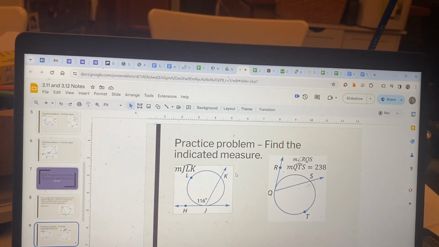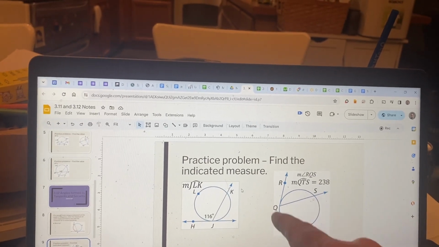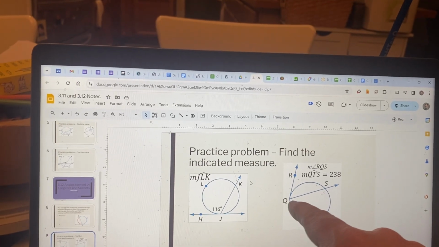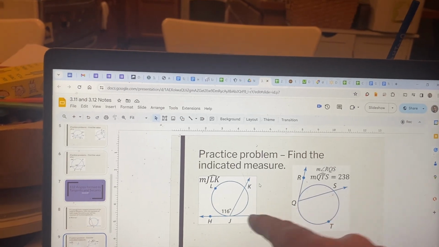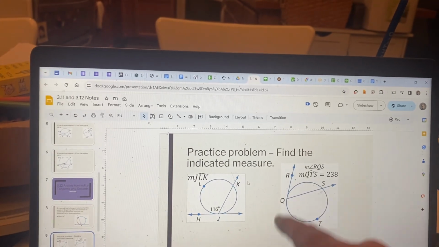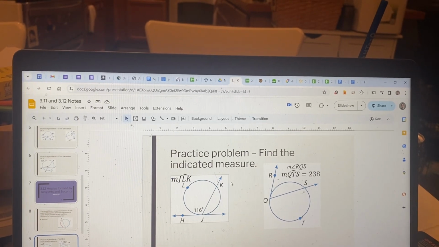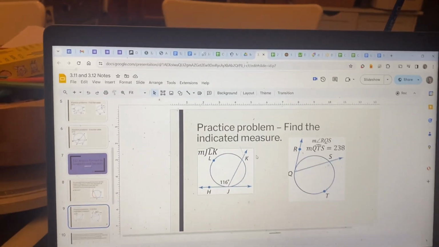So we have to do some work here. 238 divided by 2 would give us 119. So this would be 119 here, meaning this other side, if we're thinking 180 degrees along these tangent lines, which we should be, 180 minus 119, that would be 61 degrees for this angle right in here.